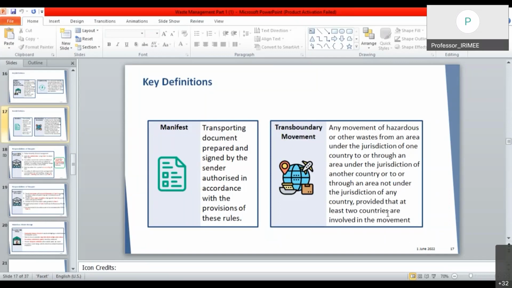If two or more countries are involved in the movement of waste, then any movement from one country to another is called transboundary movement.